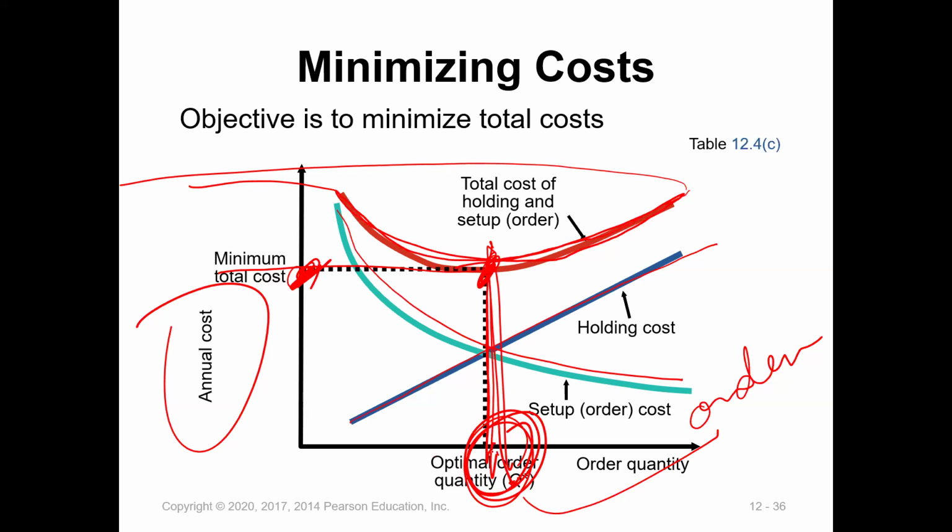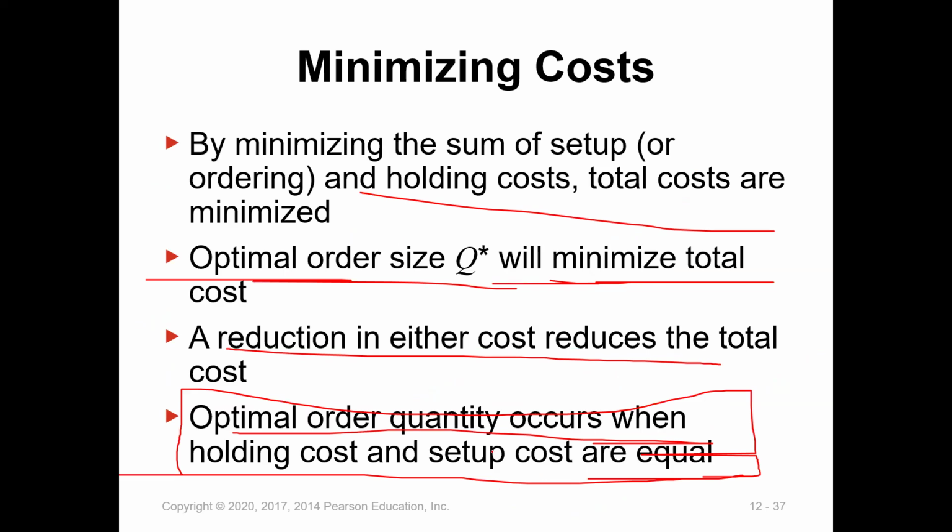By minimizing the sum of setup or ordering costs, total costs are minimized. Optimal order size. So the goal is to find the optimal size. So let's say we are selling phones. We want to know how many phones I need to order every week or every month or every 2 weeks or every 2 days. So that's the goal. Because as we mentioned before, there is a risk for holding inventory.